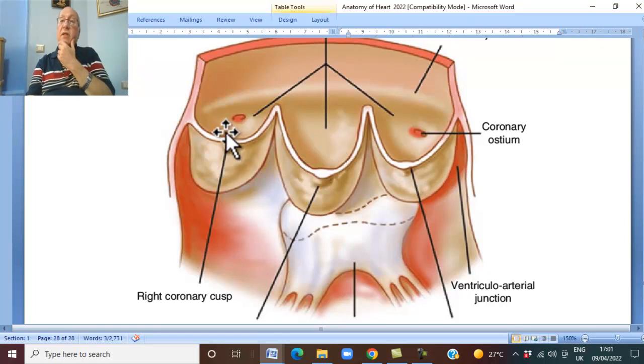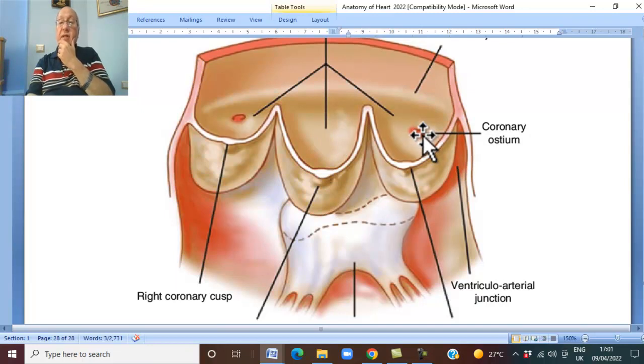The root of the ascending aorta shows dilatation just above these valves. The root of the ascending aorta presents 3 slight dilatations above the cusps of the valves. These dilatations are called aortic sinuses.